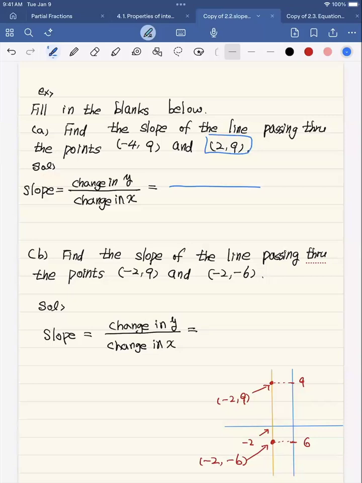Let's choose this one in the first place, and then 9 over 2 minus 9 over -4. This one is in the second one. So that is 0. And minus will make plus, and so it is 2 plus 4. So that is 0 over 6, which is 0.